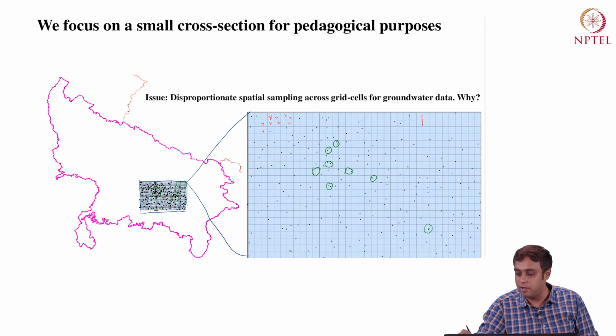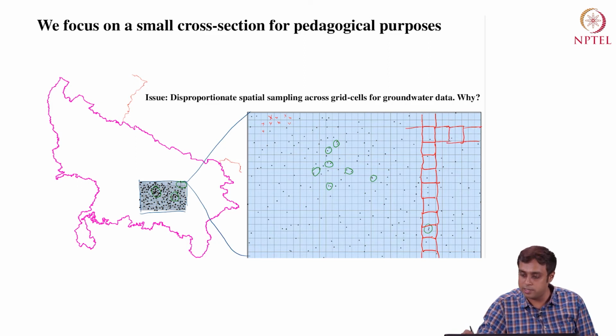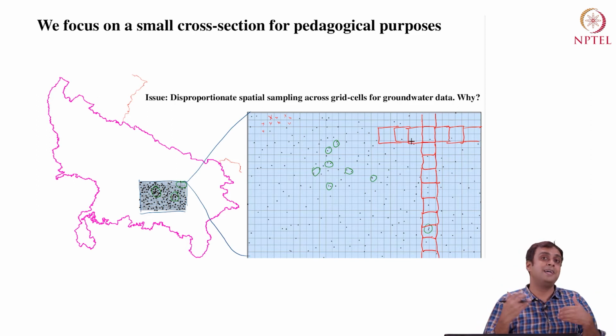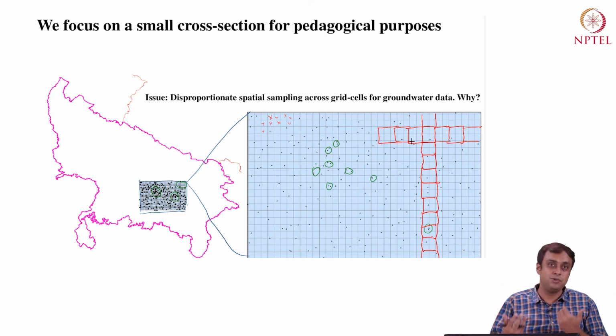I could have combined 4 cells into one and created a grid network that looked much bigger. If I do that, then my problem becomes a little different. My number of total cells will differ, the number of observations in each cell will differ, and so on and so forth. So my entire analysis is conditional on the size of cell that I choose.